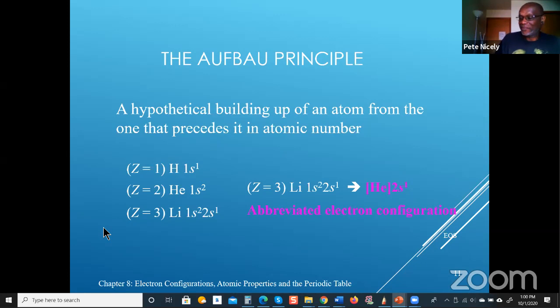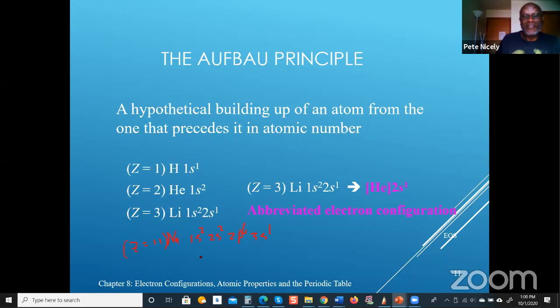As an example, I'm going to use sodium, which has an atomic number of 11. If you were to write down the complete electron configuration of sodium, it's going to be 1s2, 2s2, 2p6, 3s1. So that would be the complete unabbreviated electron configuration for sodium.